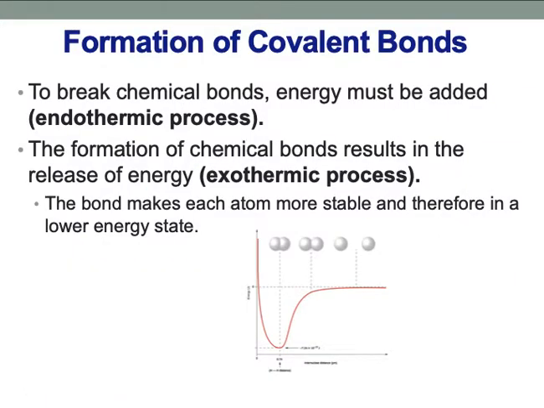So to break chemical bonds, energy must be added to the system, and that is an endothermic process. The formation of a chemical bond results in the release of energy, which is an exothermic process. The bond makes each atom more stable and therefore in a lower energy state. That's why as we're pushing them together, they're decreasing in energy, getting to this bottom point.